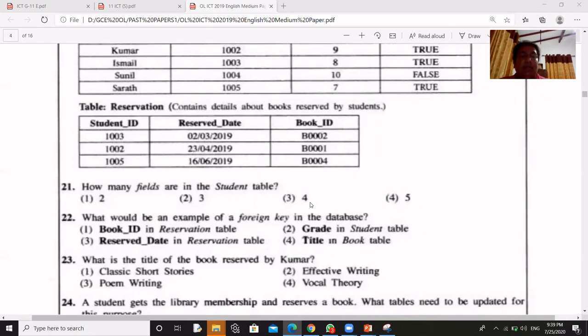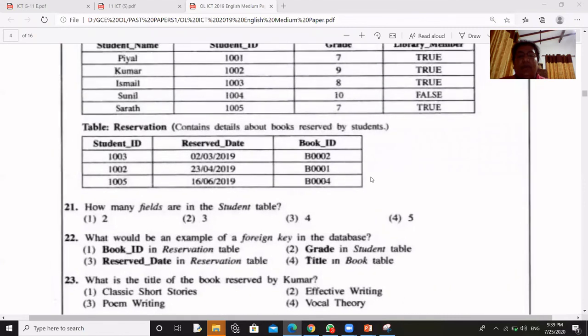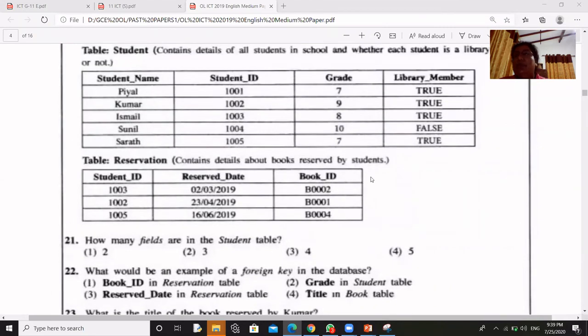Okay. Next one. What would be an example of a foreign key in the database? So what do you mean by foreign key? Can you remember? I explained it when we were doing this lesson.